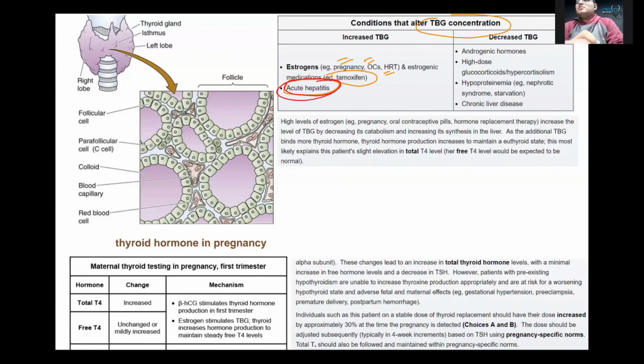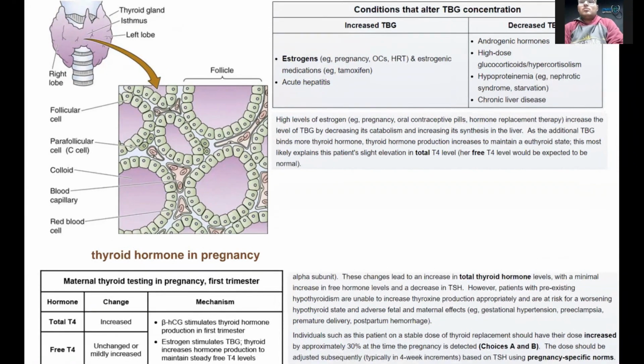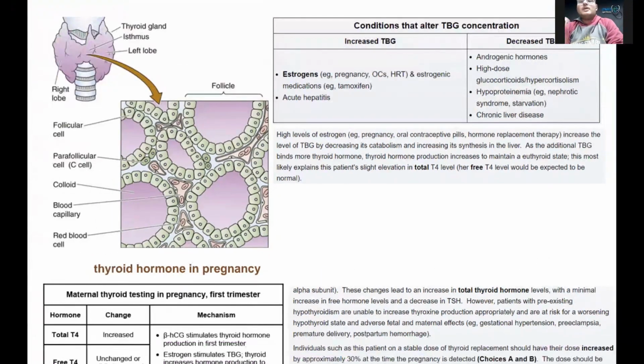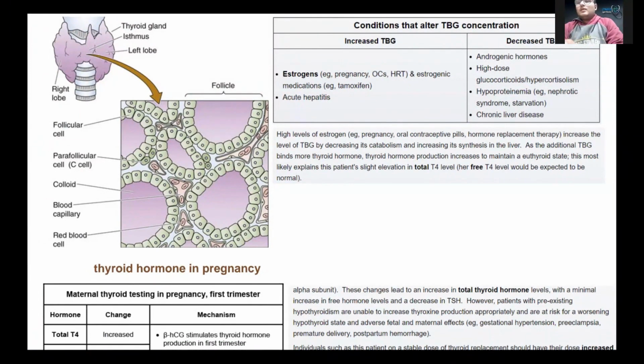Next, we will discuss decreased thyroxine binding globulin. It will be the reverse effect. Total T3, T4 will be less, and free T3, T4 will be high. Now we will discuss the causes that decrease thyroxine binding globulin.